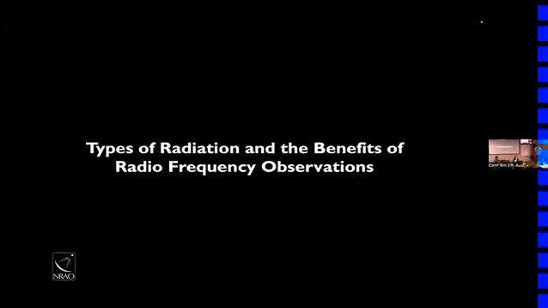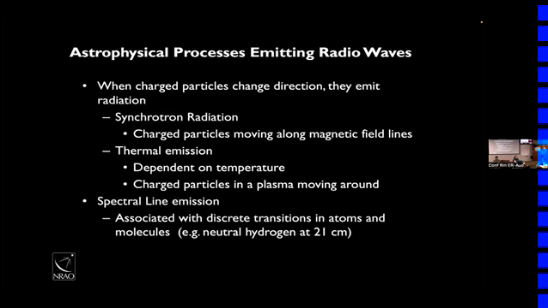Okay, so let's talk a little bit about types of radiation and some of the unique benefits of using radio frequency observations. What are the astrophysical processes that give rise to radio waves from sources? Because remember I said at the beginning that radio astronomy is this sort of cosmic laboratory.